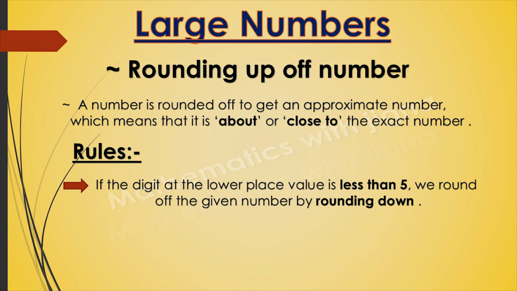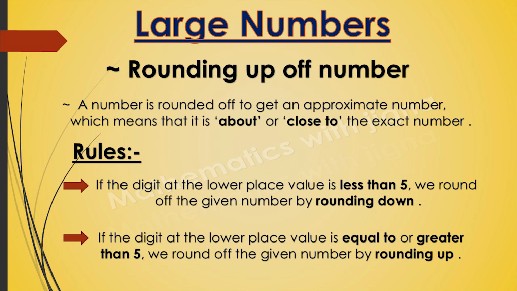First rule, if the digit at the lower place value is less than 5, we round off the given number by rounding down. Second, if the digit at the lower place value is equal to or greater than 5, we round off the given number by rounding up.